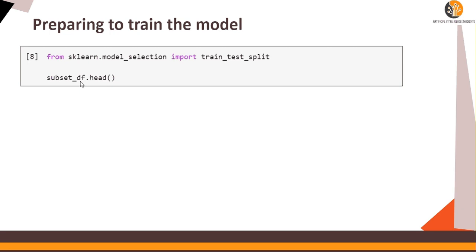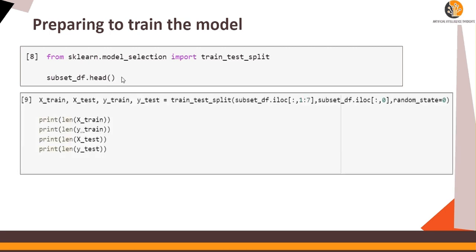Next, this is the command: X_train, X_test. X means the feature variables. Remember those 7 variables which we had. Then X_train and y_train are a combination, and X_test and y_test are a combination.